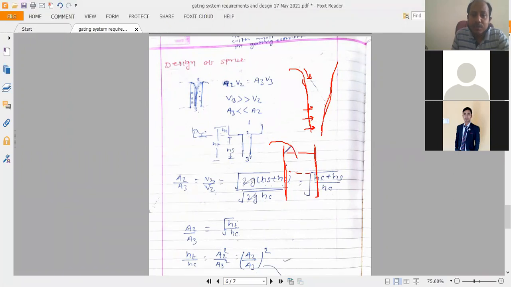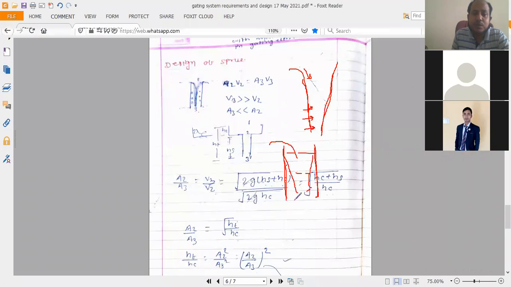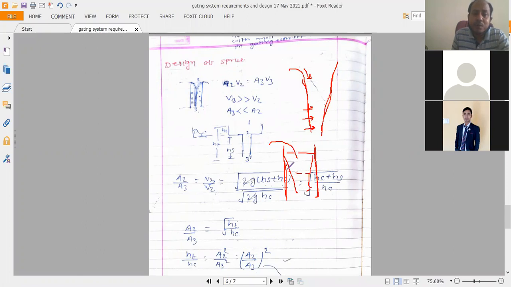Then the molten metal will flow like that, because low pressure is generated at the bottom of the sprue, so some hollow part will be generated in the sprue.